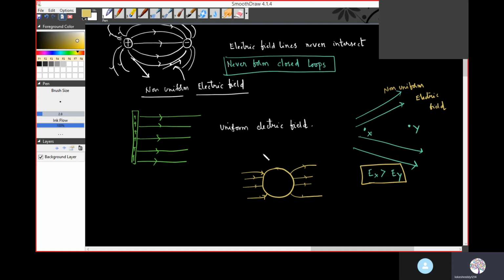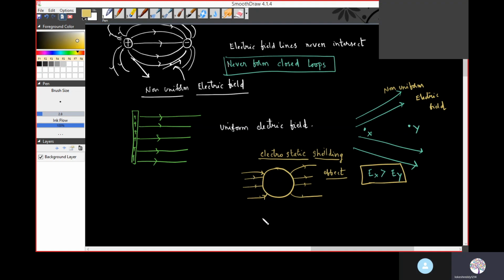So this we call the electrostatic shielding effect. If you look at a watch, it will have a metal covering around it, a metal ring around it.